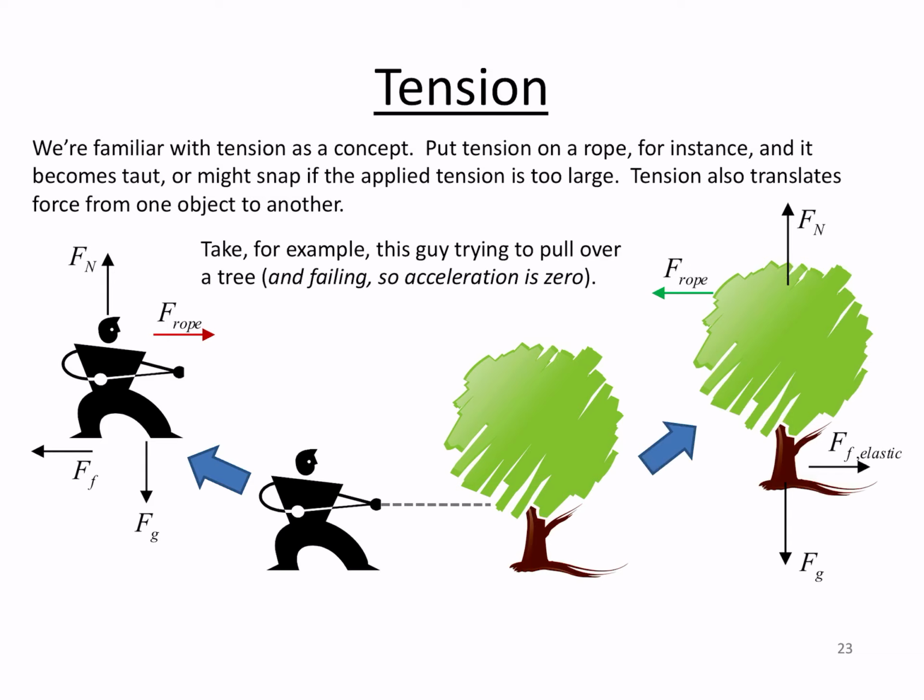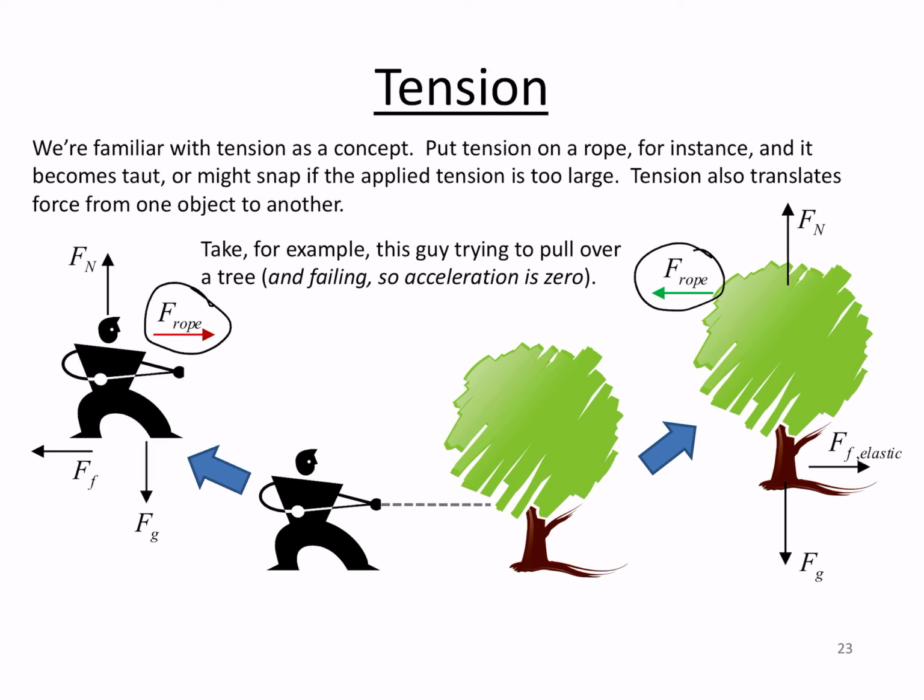Now you'll notice we've got a situation where on one end we've got the rope pulling on the tree to the left, and on the other end we've got the rope pulling on the guy to the right. But the guy and the tree aren't directly touching one another, so how can we work out that that must be sort of a third law pair, that those have to be equal and opposite?